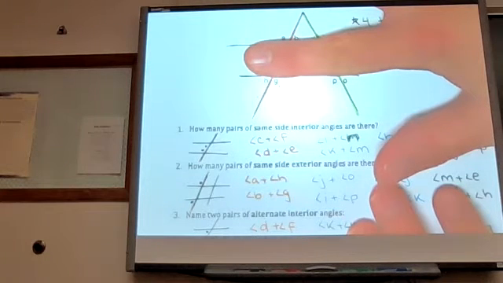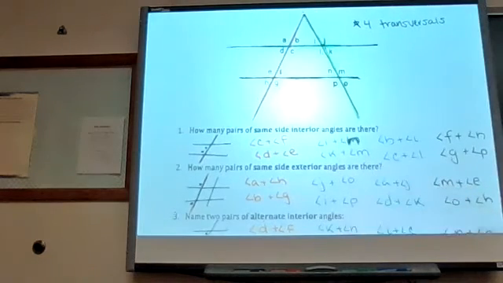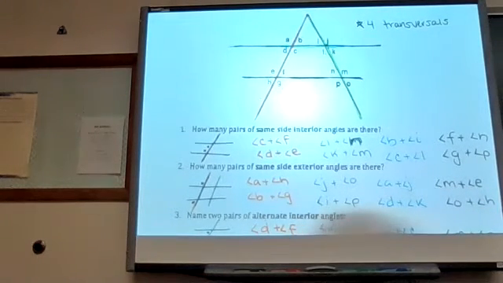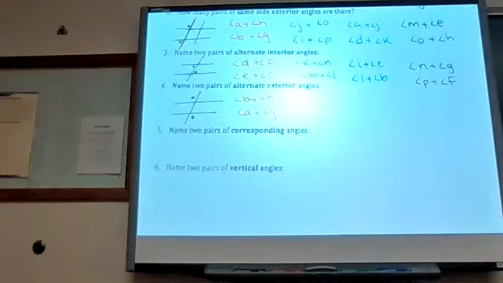What would be an alternate exterior angle pair? B and H, and A and G. Angle A and angle G. Yep. You find the rest of them in that diagram. Hint, there's six more.